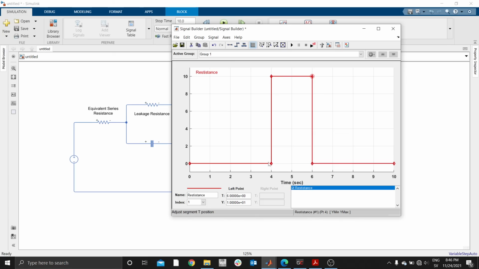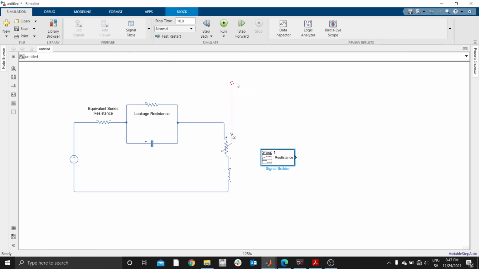Then from 4 to 6, the value becomes 10. Maybe from 6 to 10, I can change this to make it 4. This one to be 6 and 4, like that. Maybe the resistance now reduces linearly from 4 to 0. We can have this type of signal that is being inserted to R.